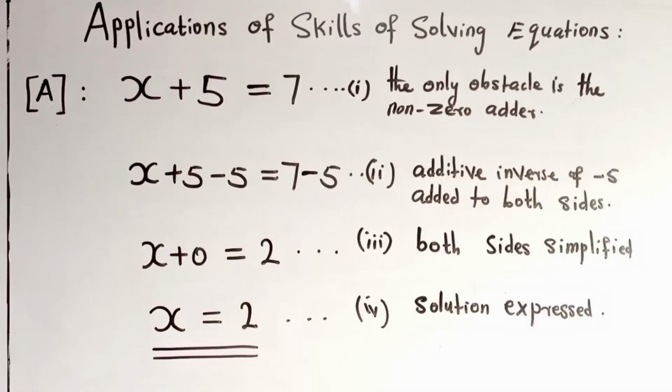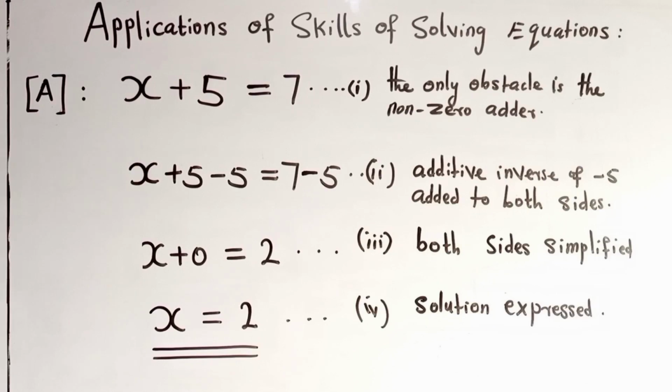Let's continue. Now, let's consider an equation in which the only obstacle is that the adder is not 0. It says x plus 5 is equal to 7. Watch out. Find the applications of skills of solving equations on the board.